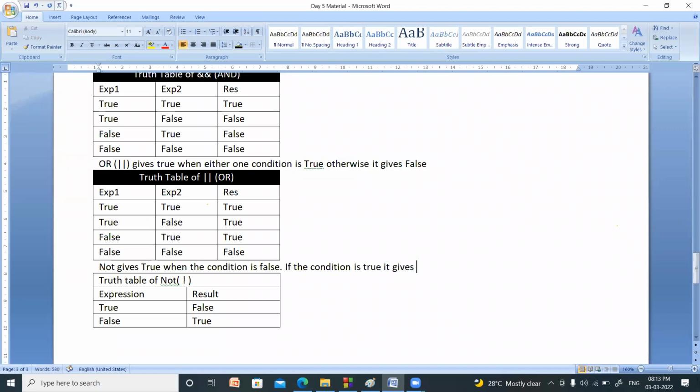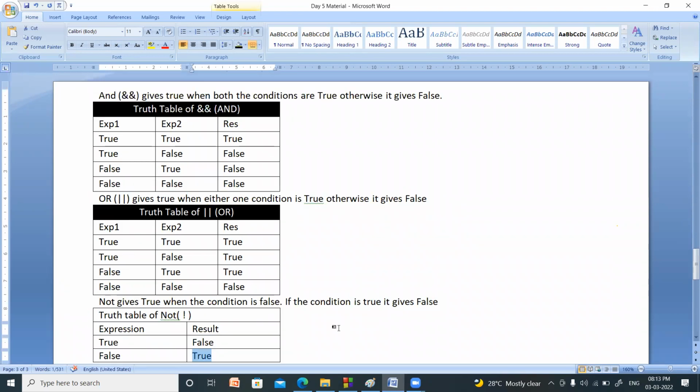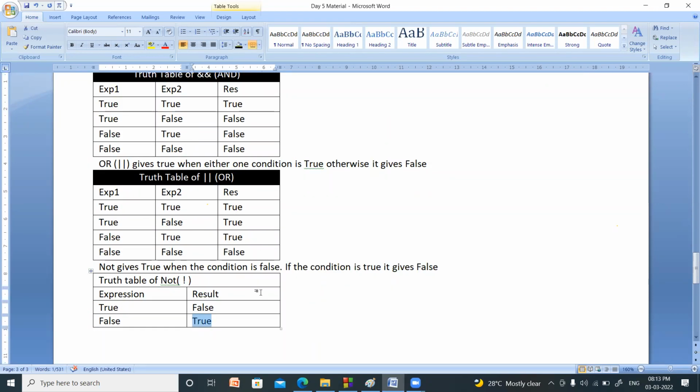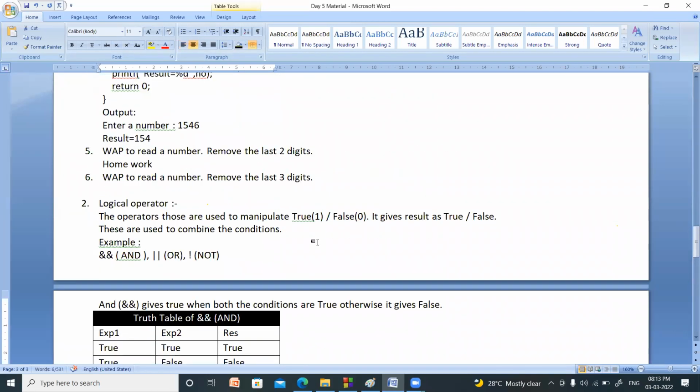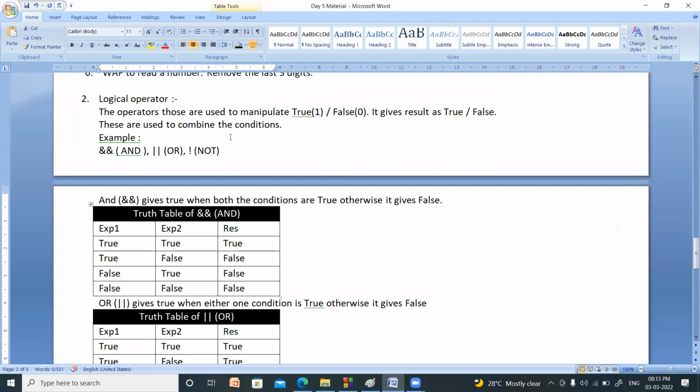Then it gives false. If the condition is true, then output is false. If the condition is false, then output is true. Is it okay to you? Truth table of and, or, not. Right. These are very well-known operators. Write down this.